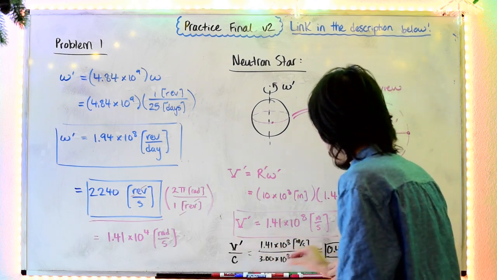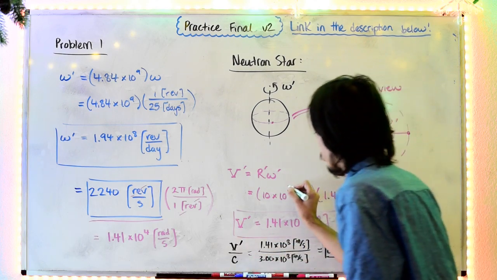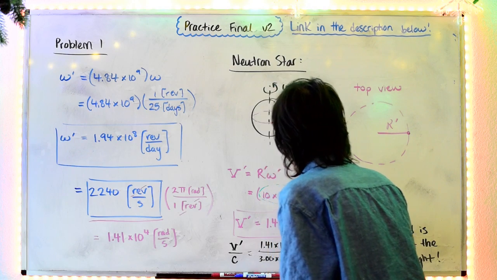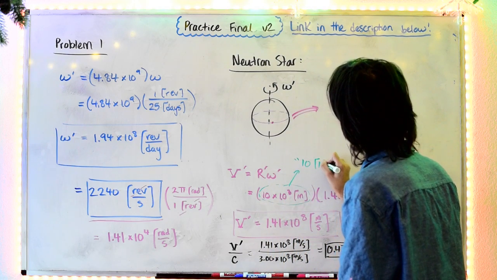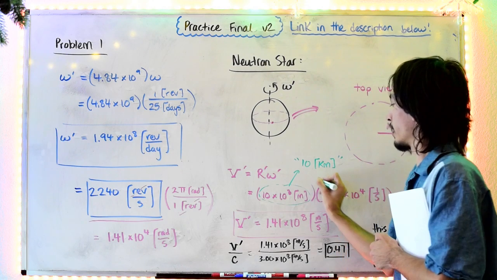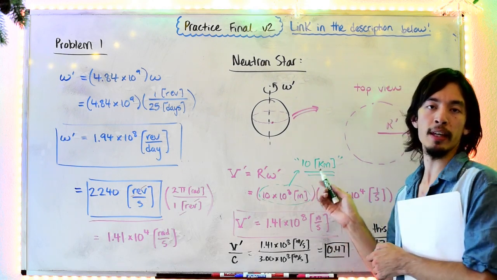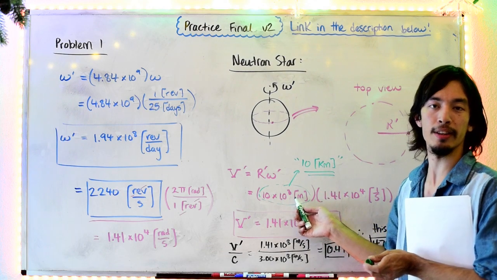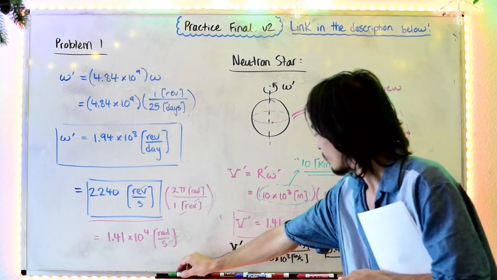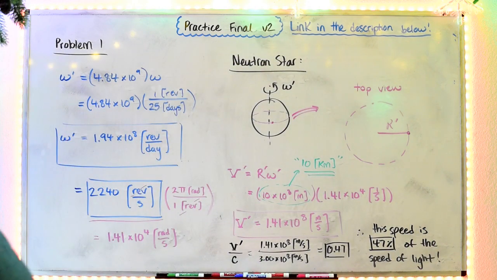So what I told you actually was not this value verbatim. I actually gave you 10 kilometers. That's the value I gave you in the problem. And then this is just the kilometers to meters, which is 10 to the third. Let me know if that clears it up.